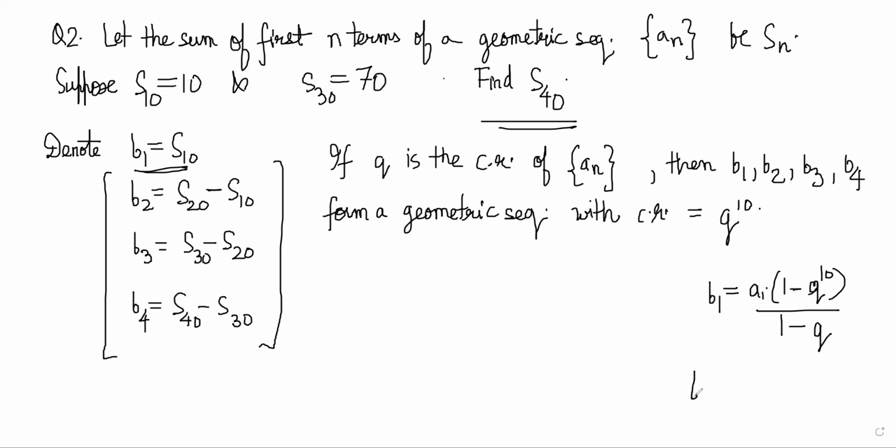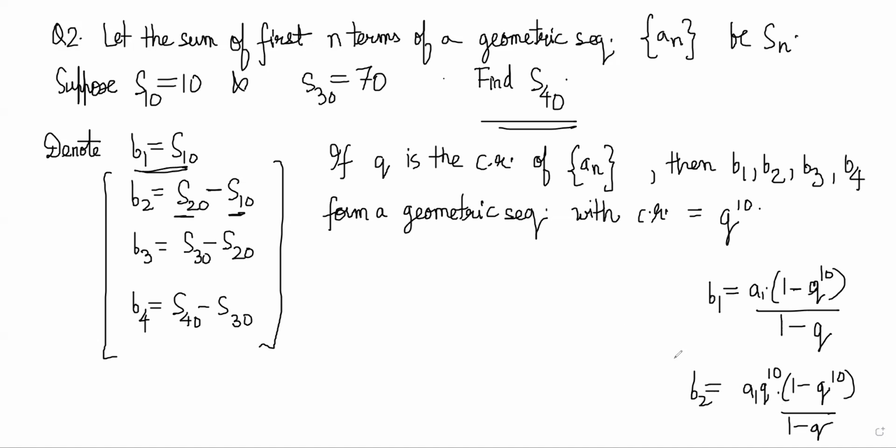And similarly, B2. B2 is the sum of the first 20 terms minus the sum of the first 10 terms. So the first term of this will be the 11th term of the original sequence, right? It will be A1 Q power 10 is the first term, and then it is 1 minus Q power 10 by 1 minus Q, because the common ratio is the same.